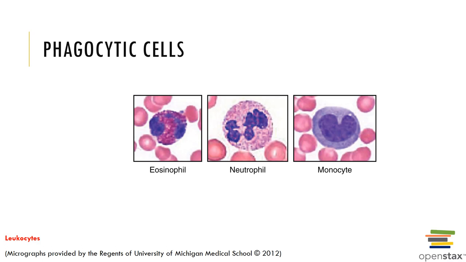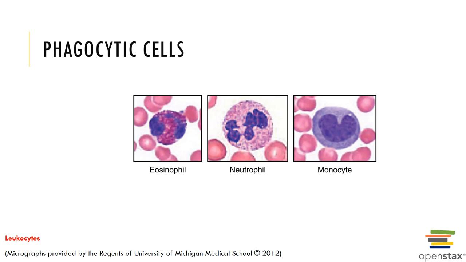Characteristics that are common to all phagocytic cells are that phagocytic cells can leave capillaries by squeezing between adjacent endothelial cells in a process known as emigration. Phagocytes are attracted to chemicals produced by an infection in a phenomenon called positive chemotaxis.